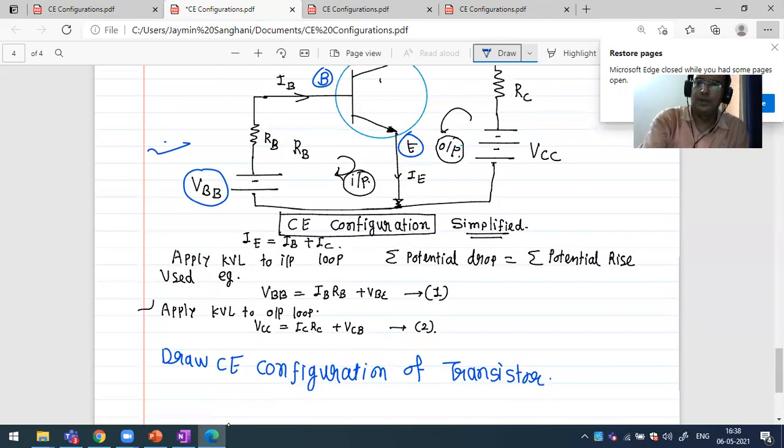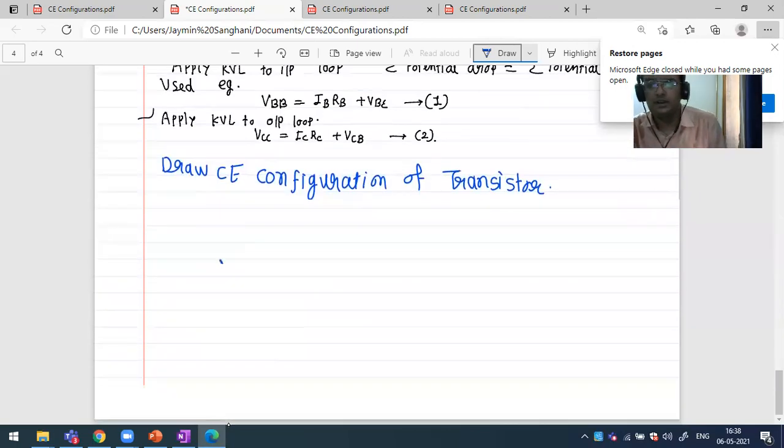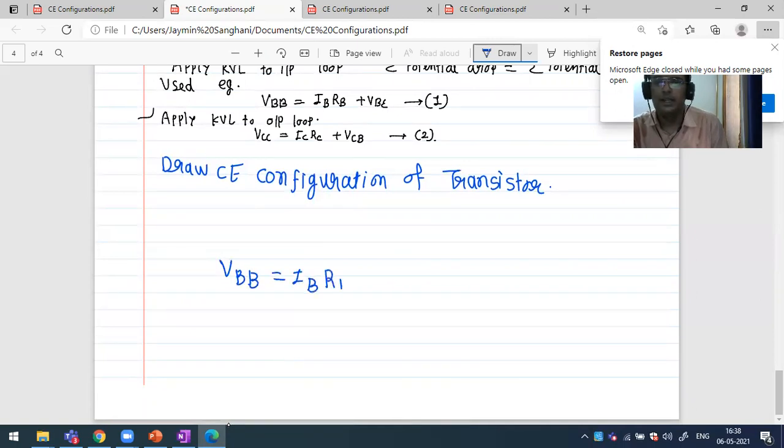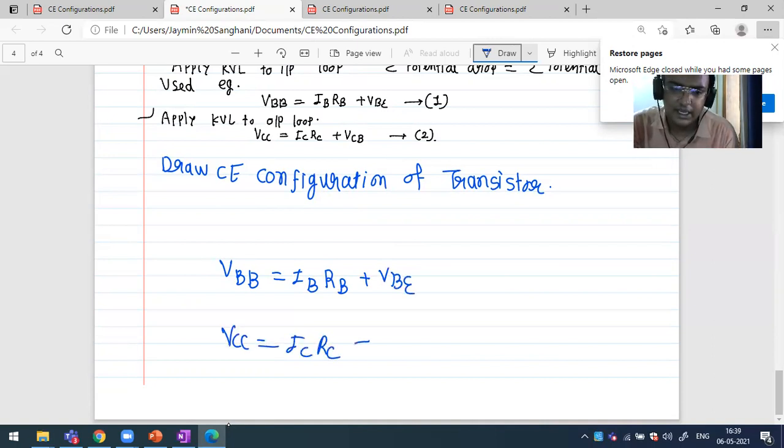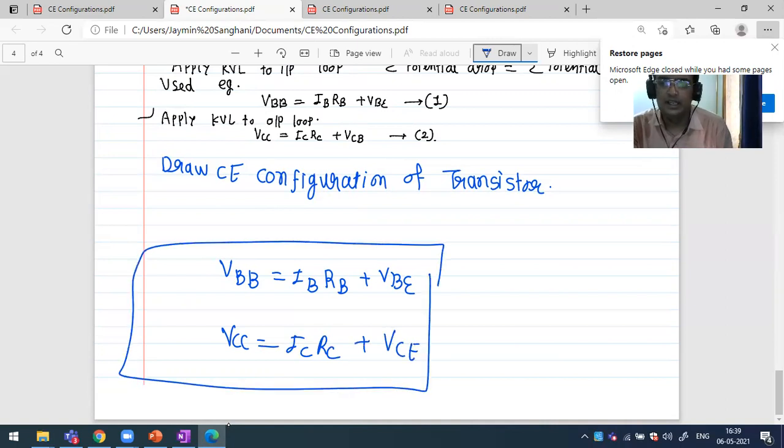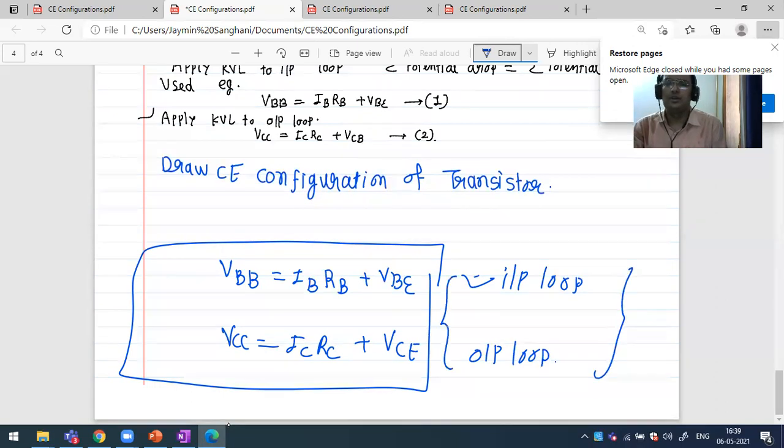So these are the loop equations related to the common emitter configuration: VBB equals IBRB plus VBE, the input loop, and VCC equals ICRC plus VCE, the output loop.